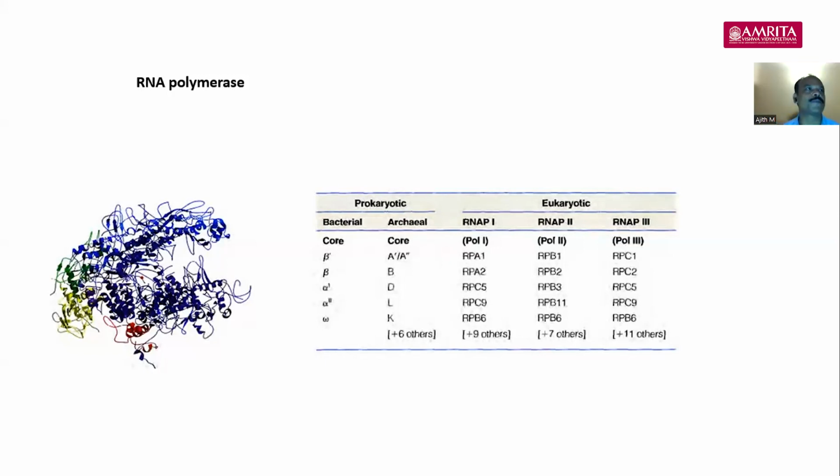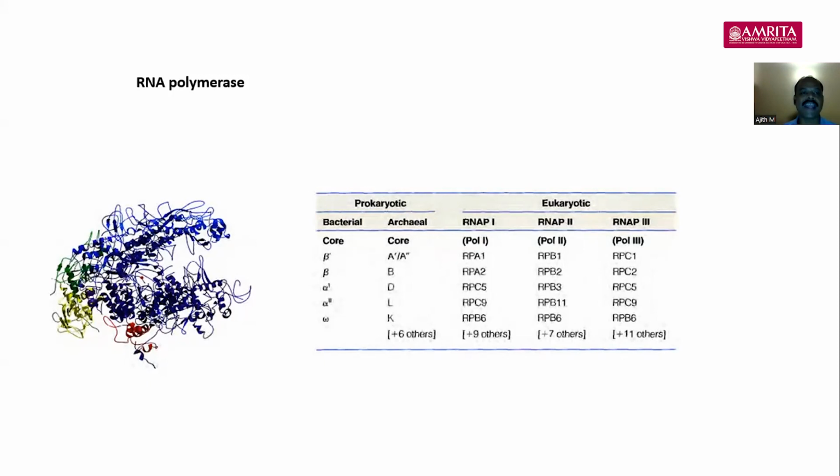In reverse transcription, you have an enzyme called reverse transcriptase, which is called RNA-dependent DNA polymerase. So you can see the difference. Technically, it helps you to differentiate different types of polymerases. The polymerase involved in transcription is called DNA-dependent RNA polymerase. It depends on the DNA template and synthesizes an RNA molecule.